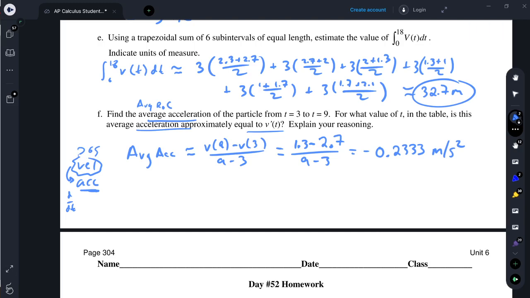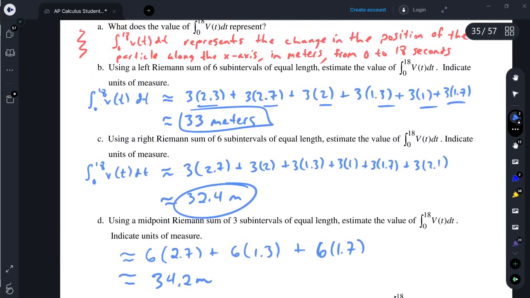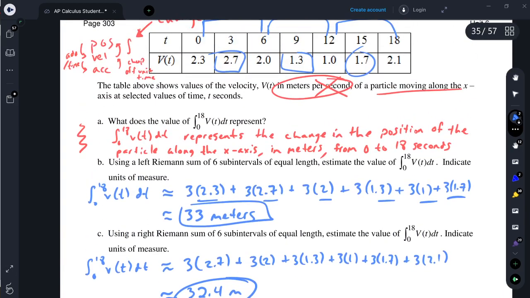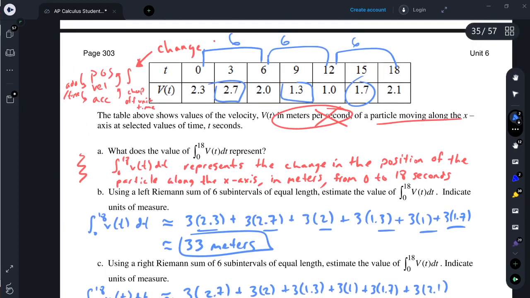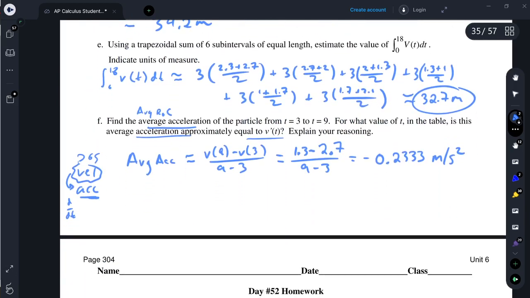Now it says, for what value of t in the table is the average acceleration approximately equal to v prime of t? And this one is a little bit tricky. If we come back up to this table, it's not quite clear where this value is. And I really think this is way too hard of a question. I don't think they would say that. I think they might say, must there be a time like that?